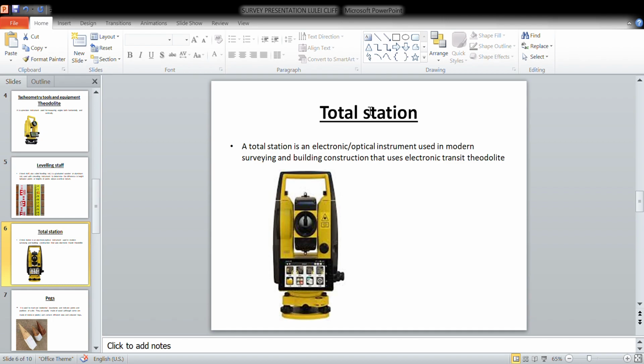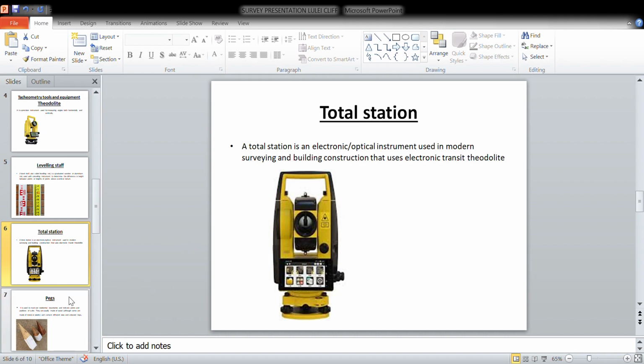The total station is similar to the theodolite, but the difference is the total station transmits its data using waves, but in the theodolite, it uses manual transit. I think that one is self-explanatory.